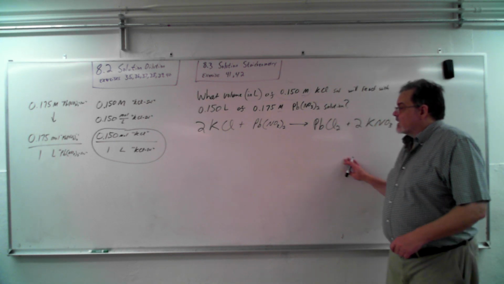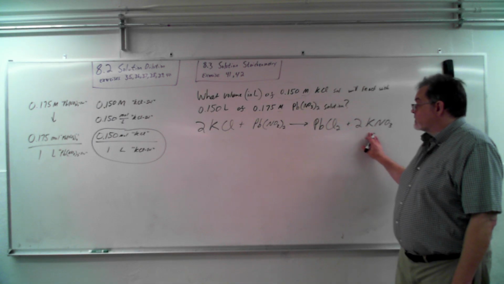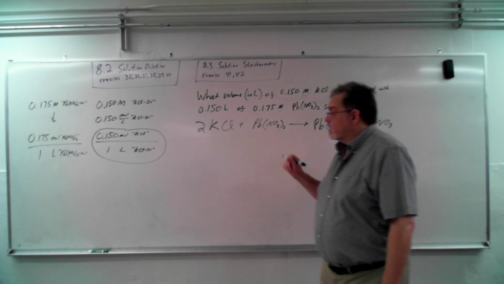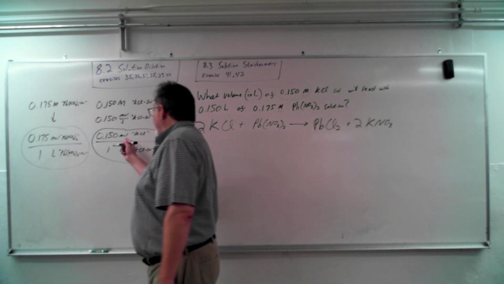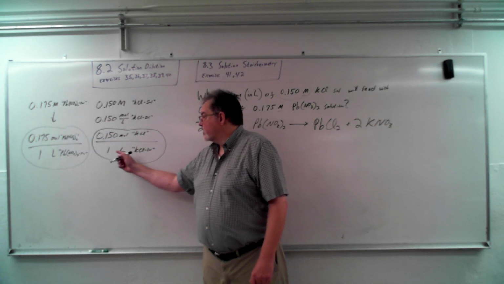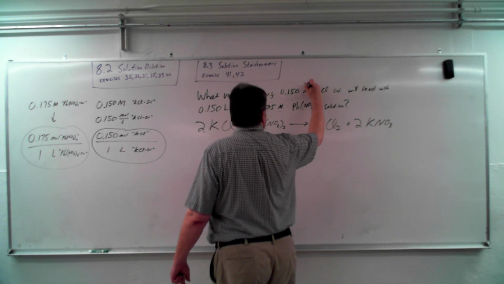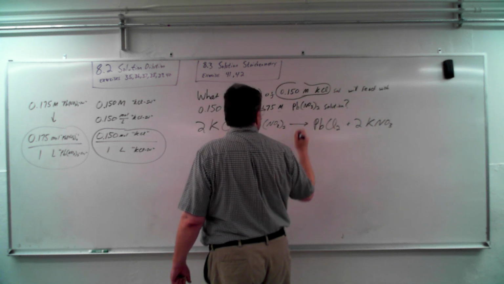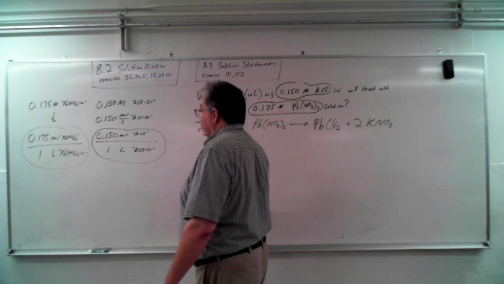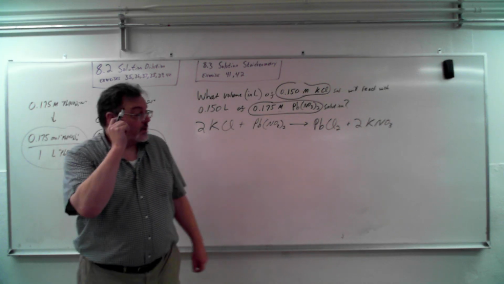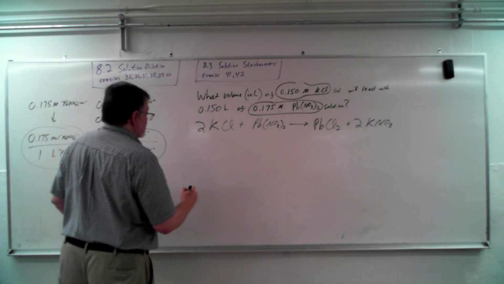Here's the reaction we're given. These two terms will show up: 0.150 moles of KCl to 1 liter of KCl solution. That's literally what this is telling me. And the only other ingredient is the molar relationship between KCl and Pb(NO3)2.